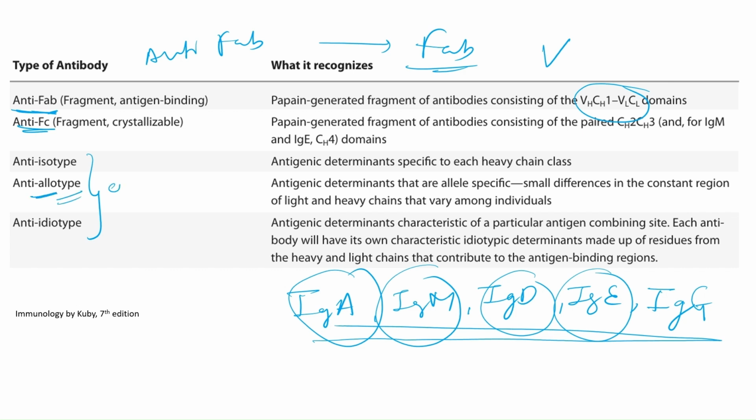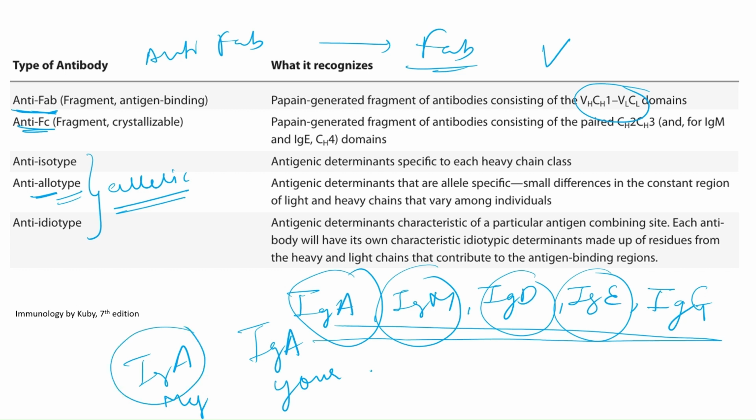Allo means allelic, allelic specific. Allelic means IgA of my body will be different from IgA of your body. That means differences within the members of the same species. So my body's IgA will be different from your body's IgA. That is called allotype.